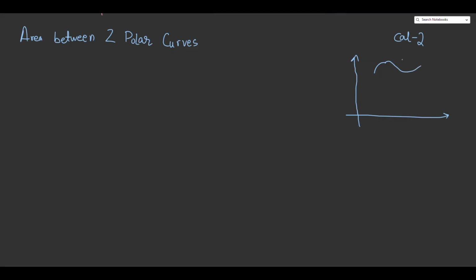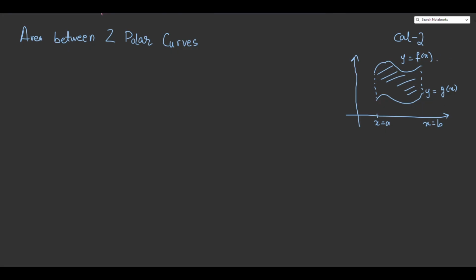For example, this is our curve y equals f of x, and we have another curve y equals g of x, and this area is bounded between these two vertical lines, x equals a, x equals b. And what is our problem? We need to find this area.